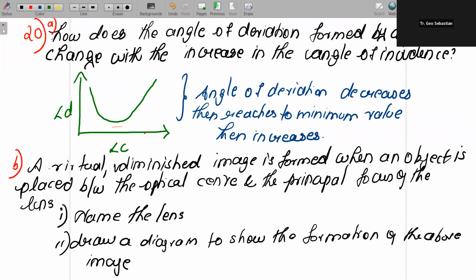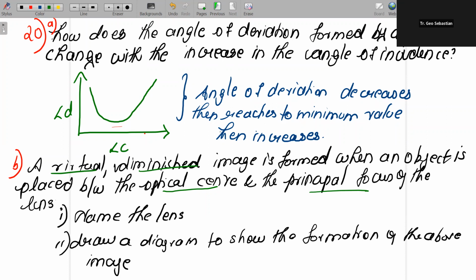Here they are forming a virtual diminished image where an object is placed between the optical center and the principal focus. Then they got a virtual image and a diminished image. So which type of lens will it be? Concave only. Do you remember that?